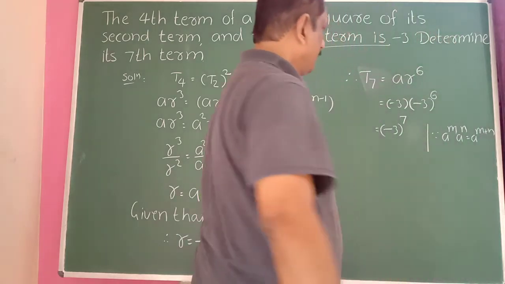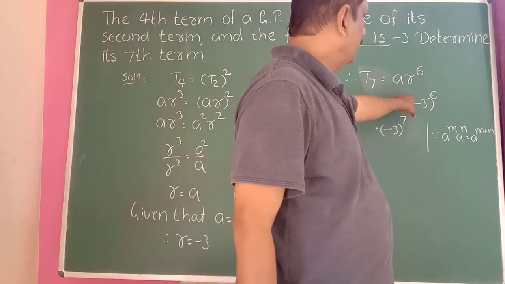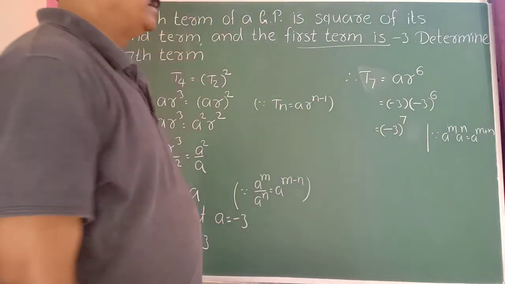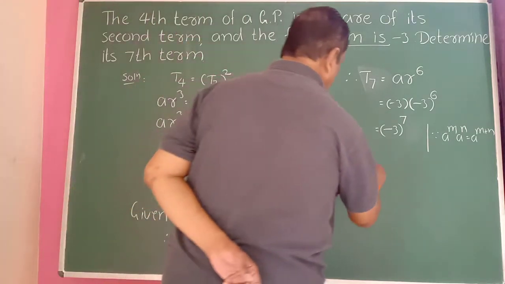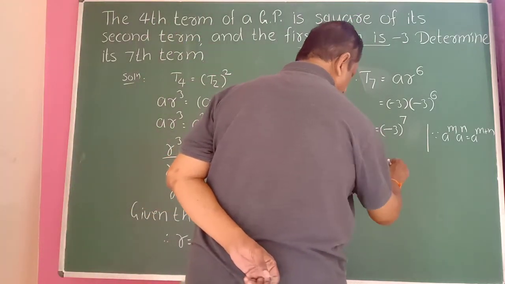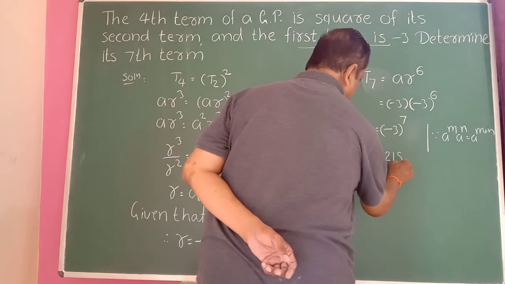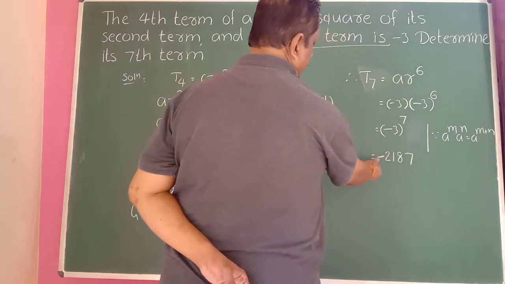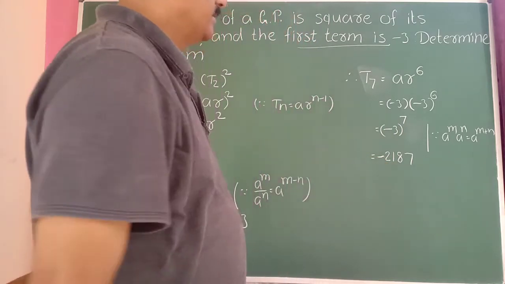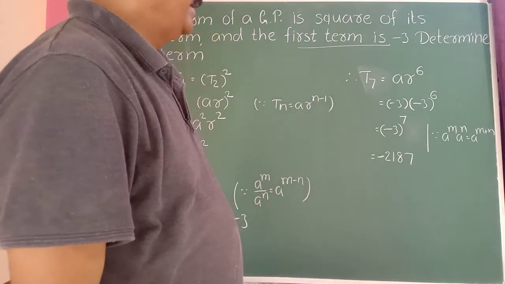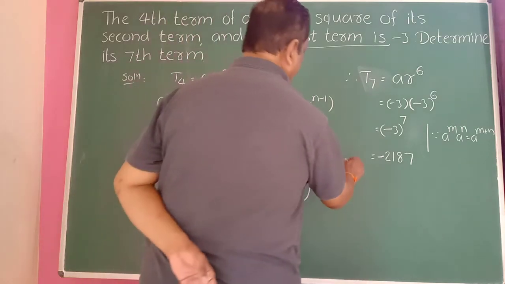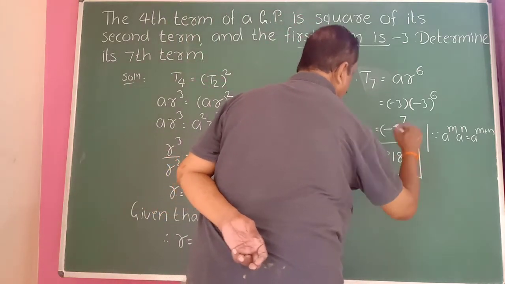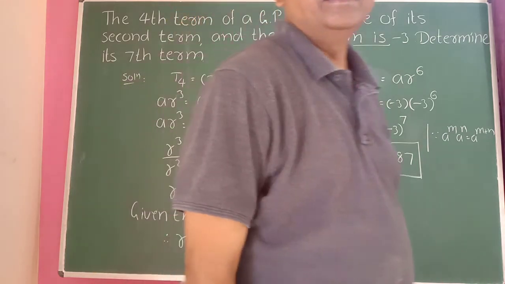Hence this is equal to minus 2187, because 7 is an odd number, so we write minus, and 3 raised to 7 gives 2187. So the seventh term is minus 2187.